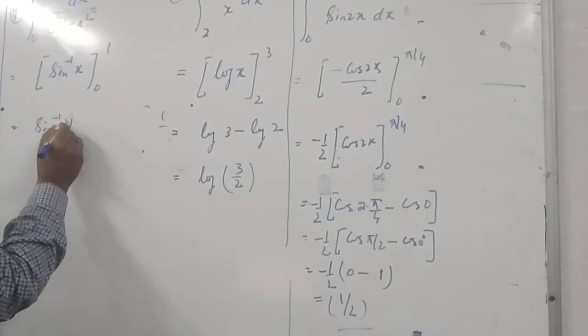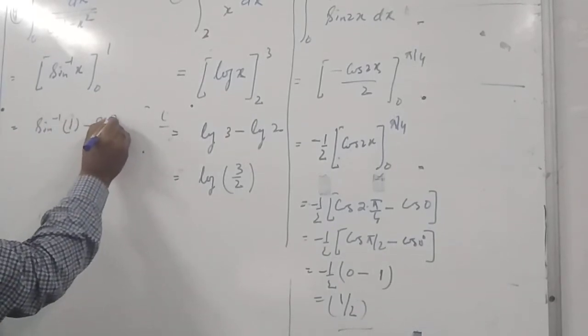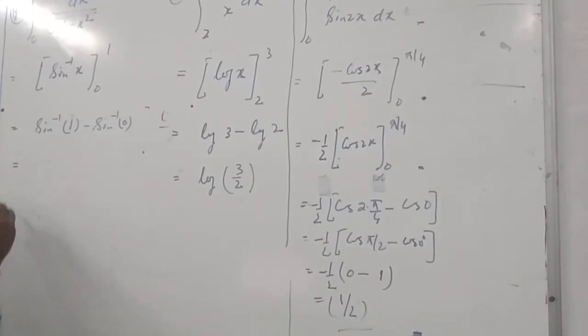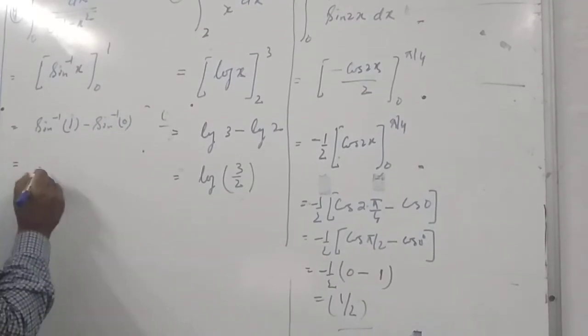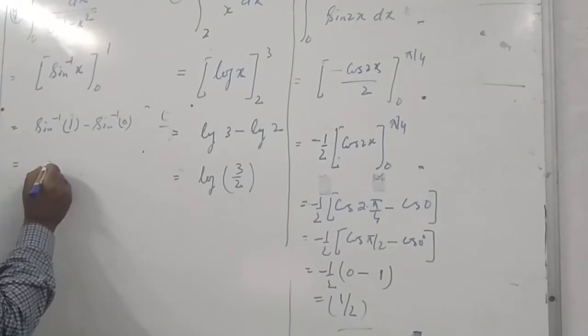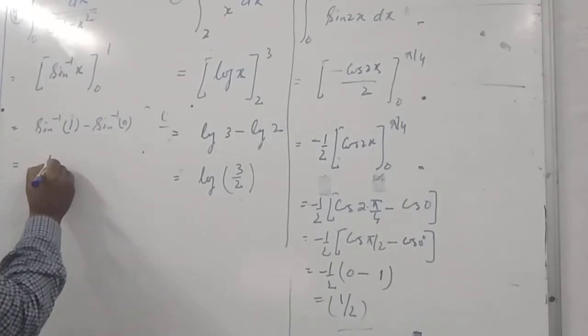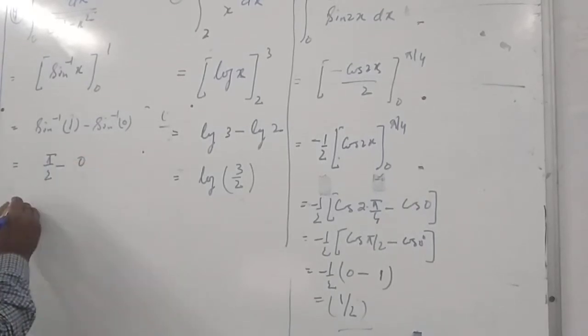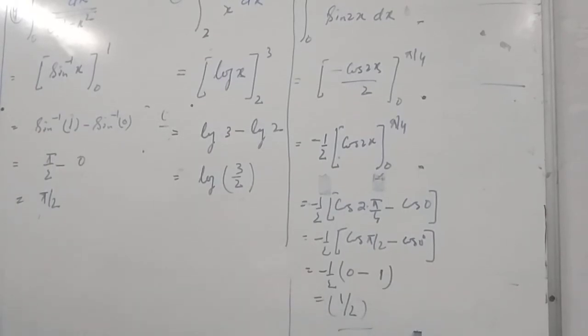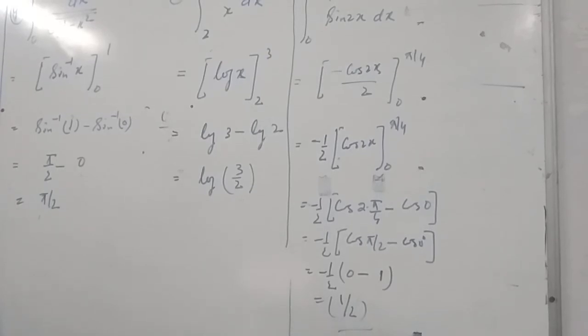So sine inverse 1 minus sine inverse 0. The value of sine inverse 1 is pi by 2, and this is 0, so the answer is pi by 2. This is your final answer. I again told you there will be no integration constant, because a definite integral is fixed, so there is no constant applicable here.